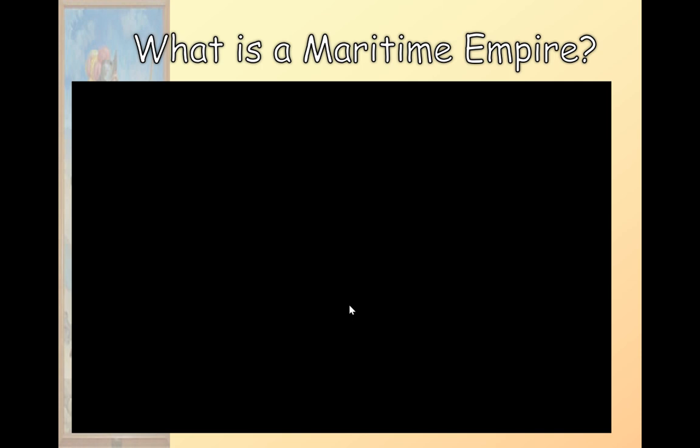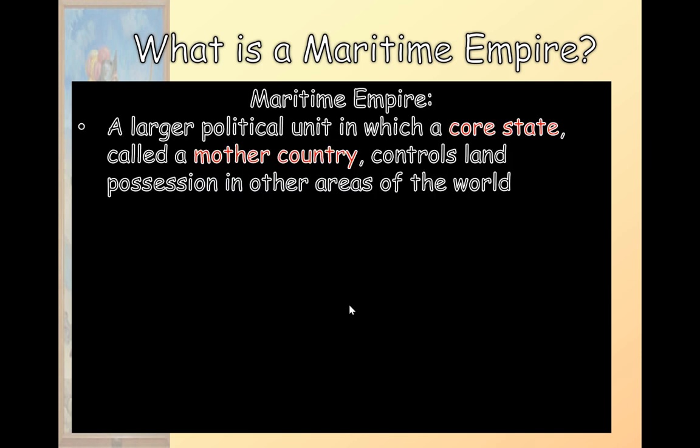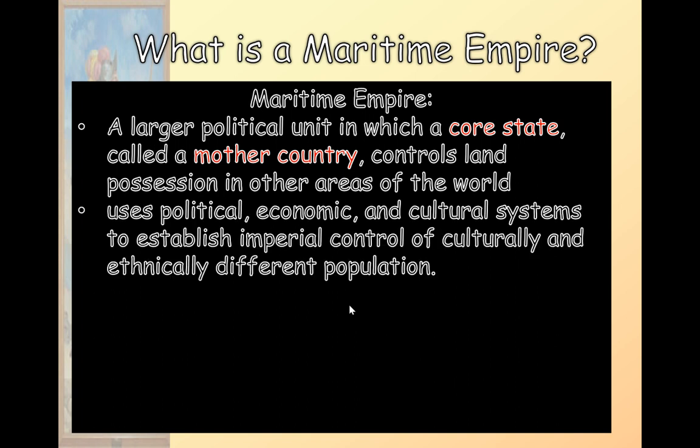So this is our working definition of a maritime empire. This is a large political unit in which a core state, which we're going to call a mother country, controls land possessions in other areas of the world. And they unify, rule, and provide through political, economic, and cultural systems that establish control of a very diverse population.